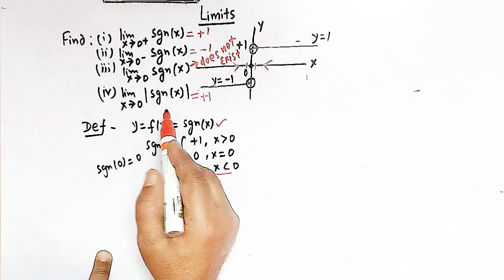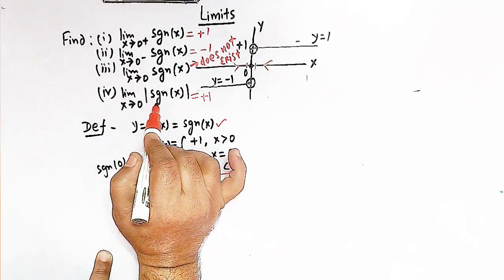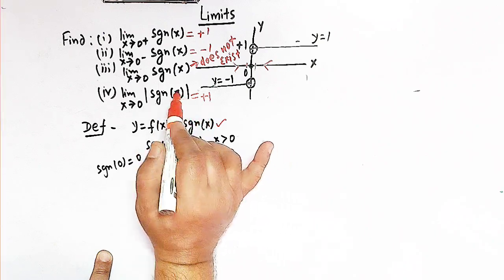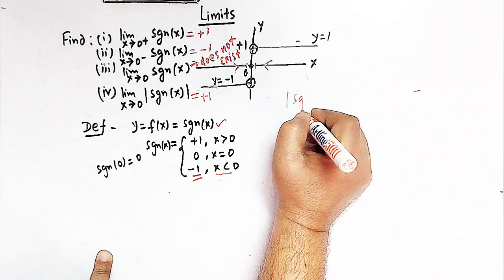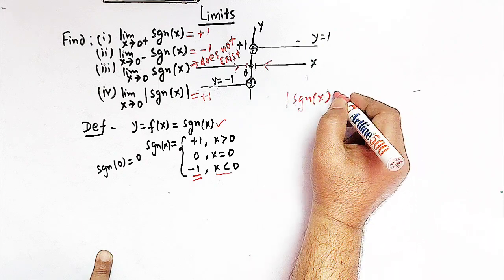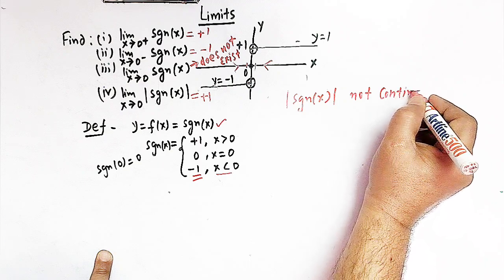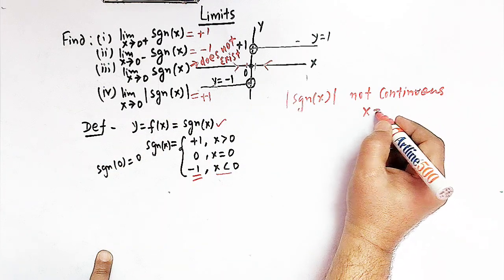Now here it is important to note that although the limit of this function exists and is equal to plus 1, this function, that is mod of signum of x, is not continuous at this point, that is x is equal to 0.